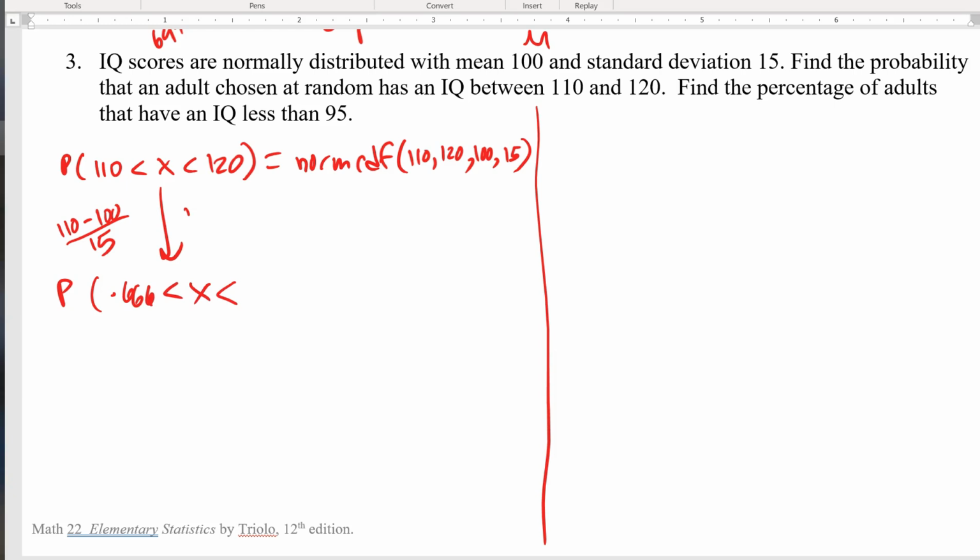And this would be 20 over 15, 1.333. And that would no longer be an x. We just converted those into z-scores.